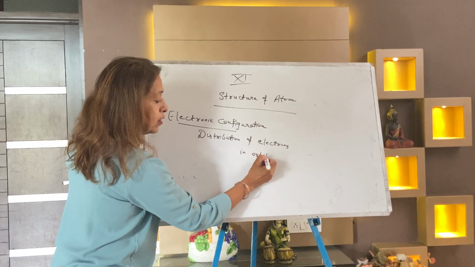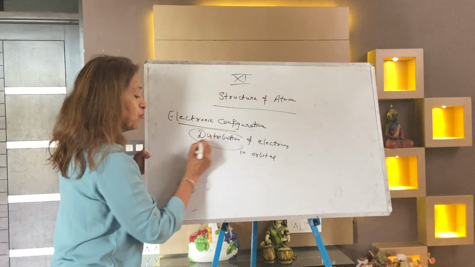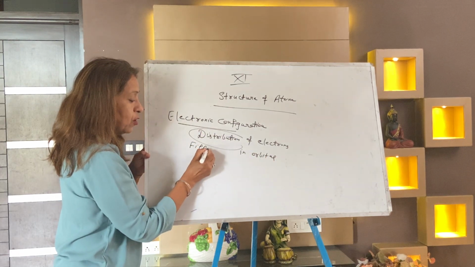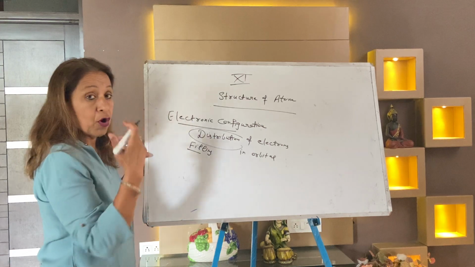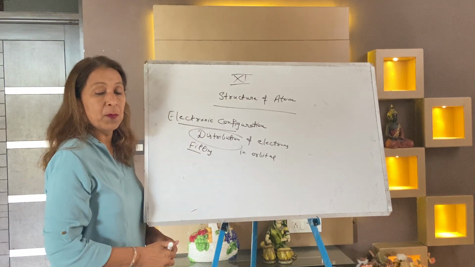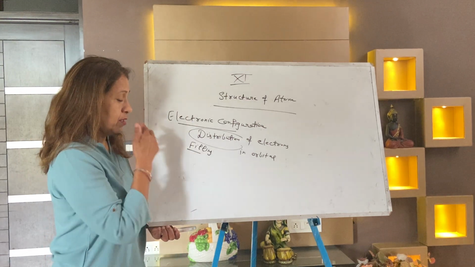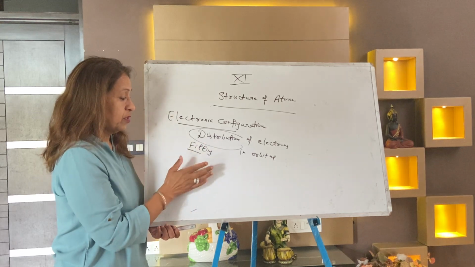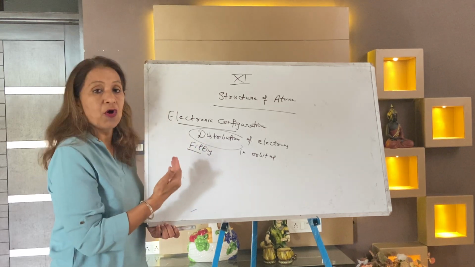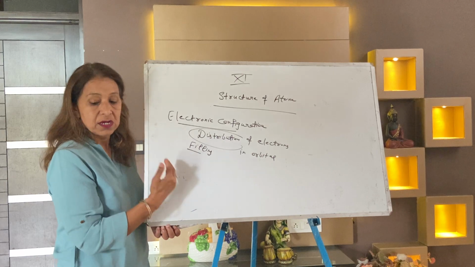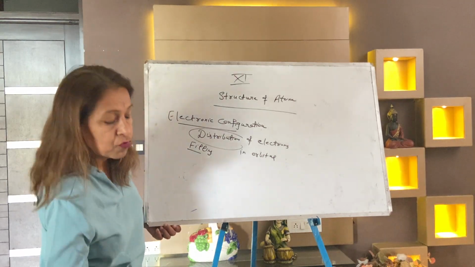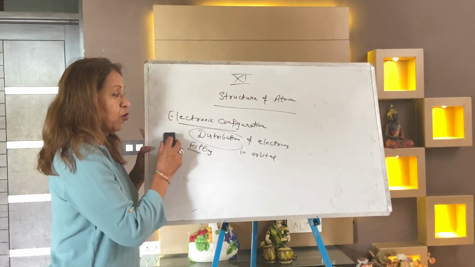How to fill? That is, distribution is filling of electrons in an orbital. How to fill the electron in an orbital? It will take half an hour to tell you how to fill the electron in an orbital. There are 3 rules. Under these rules, we will start filling the electrons in orbitals.